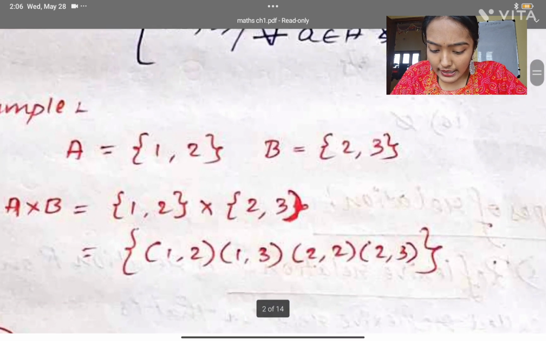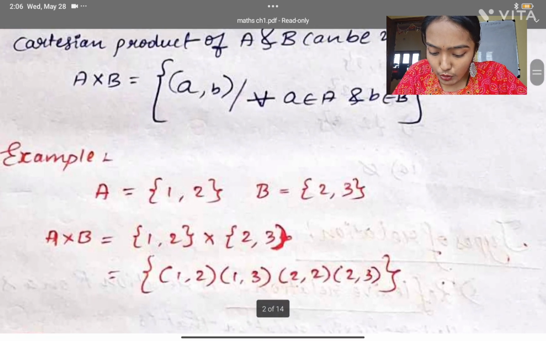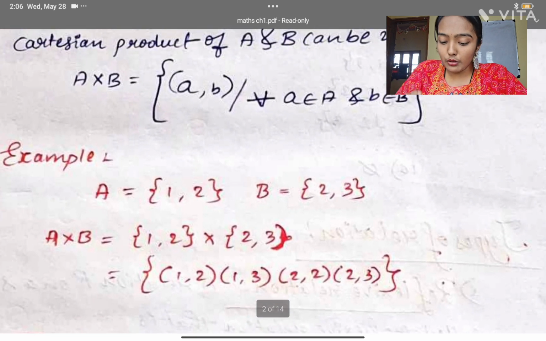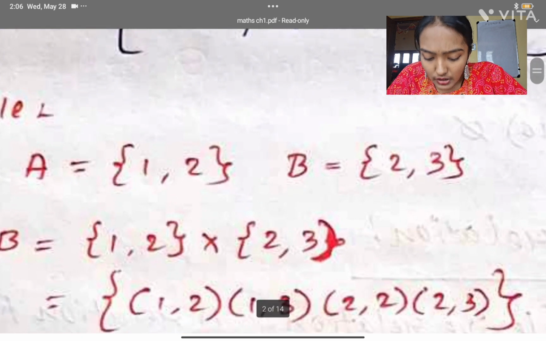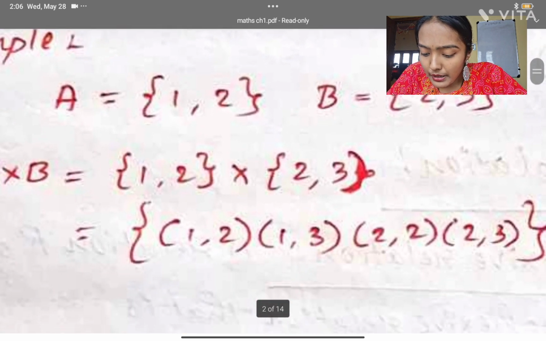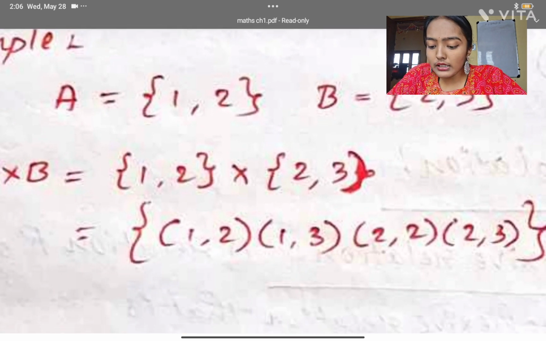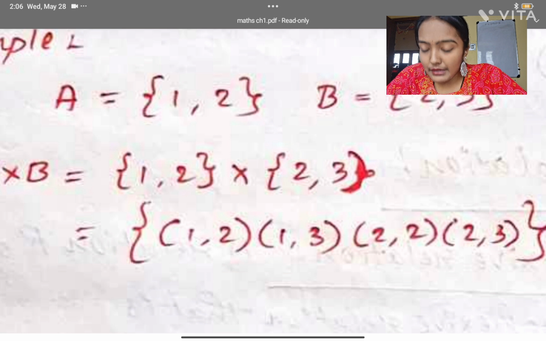Another example: elements 1, 2 are set A, and set B is equal to {a, 3}. A cross B: if we cross both of these, the first element is multiplied by the first element and we get (1, 2). Then 1 with 3 gives (1, 3).